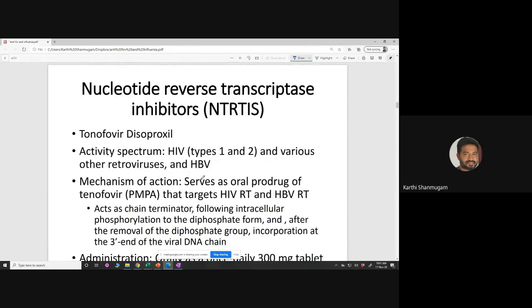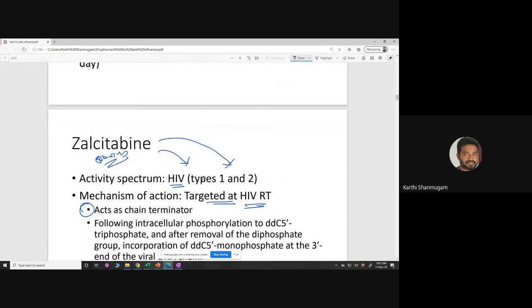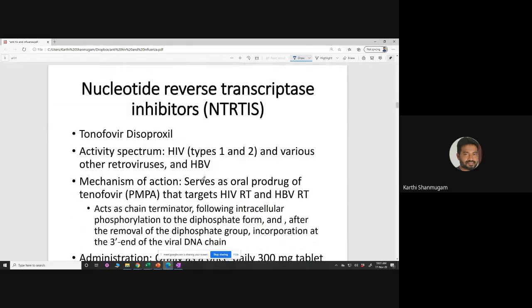The next molecule is tenofovir disoproxil. This is another very successful molecule used against HIV. It is used against both type 1 and type 2 HIV.